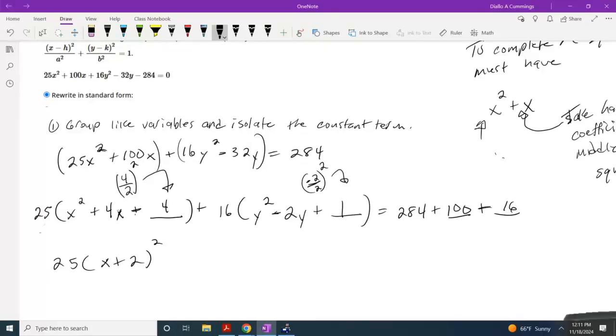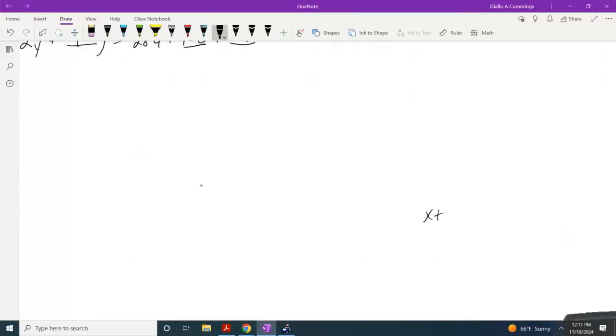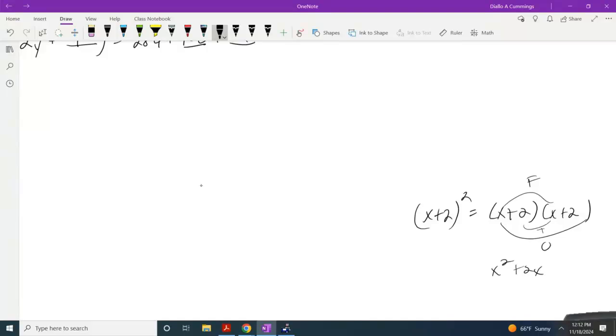Okay, I'm going to just show that. If I have x plus 2 quantity squared, that's x plus 2 times itself, right? So I don't take the square root of x and of 2. I have to multiply x plus 2 times itself twice. And then if I just use the full method, x times x is x squared. x times 2 is 2x. 2 times x is another 2x.